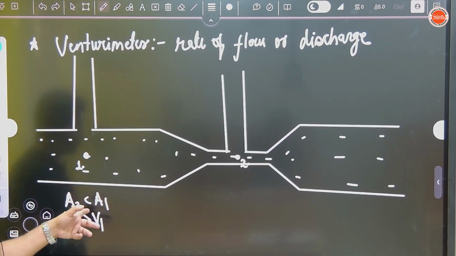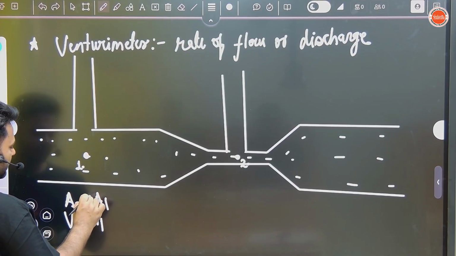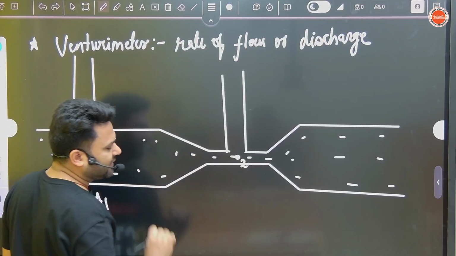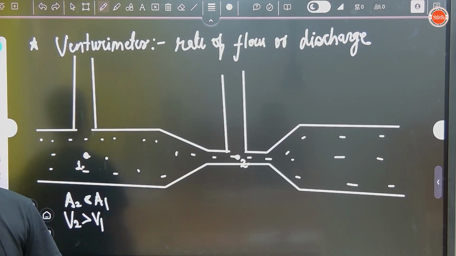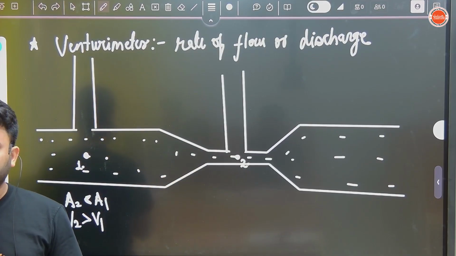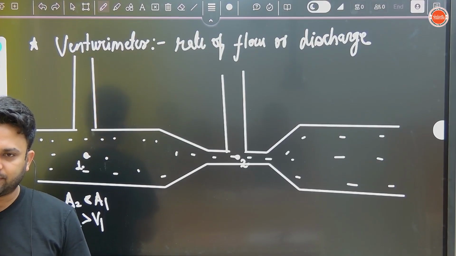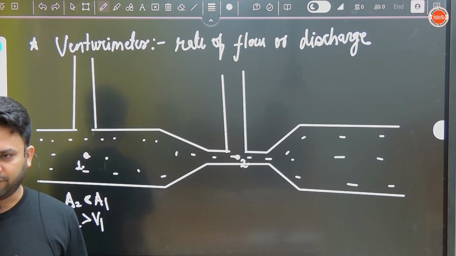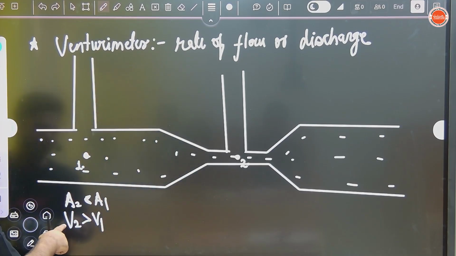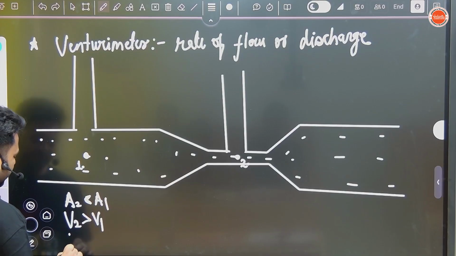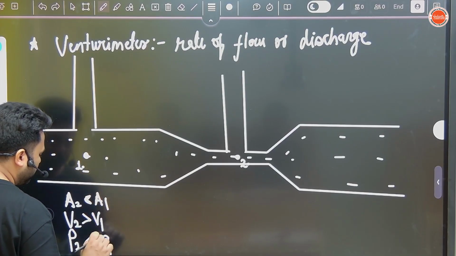You remember one more thing that I will discuss tomorrow. If the 2 points are at the same level, and velocity at any point is more, pressure will be less. Remember it like this. If velocity is more, pressure will be less. Since V2 is high, the pressure at point 2 will be less than the pressure at point 1.